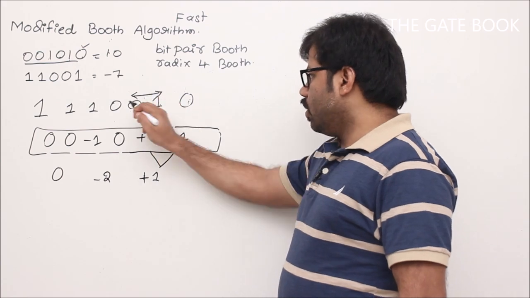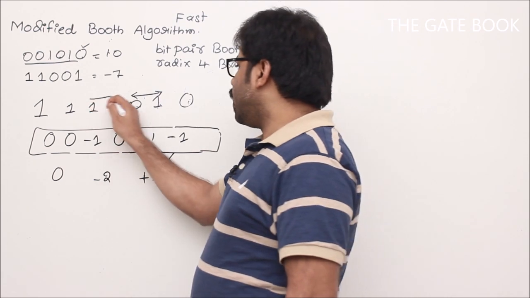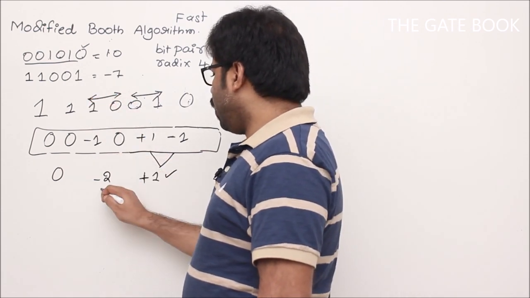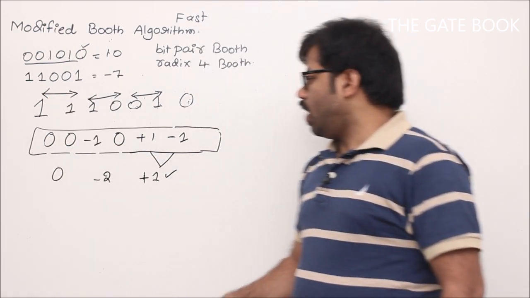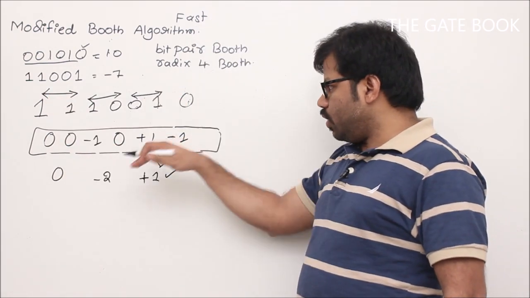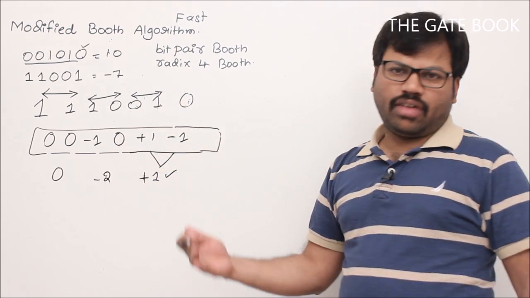So for 0 1 we generated +1. For 1 0 we generated -2. For 1 1 we generated 0. But how to directly generate them? Indirectly using the Booth multiplier code we generated them, but how to directly generate, I will tell you.